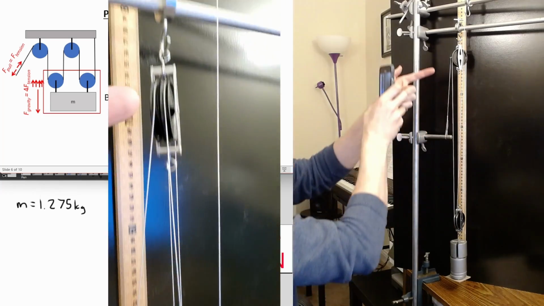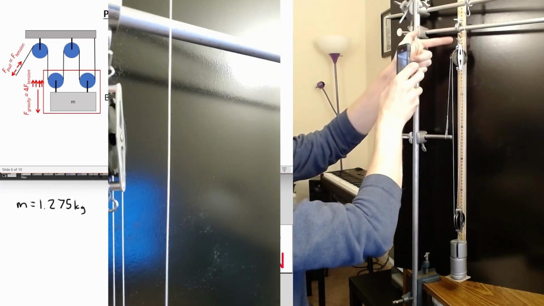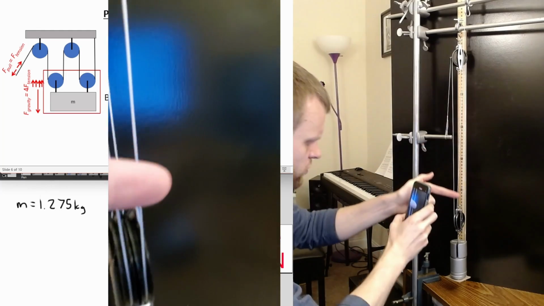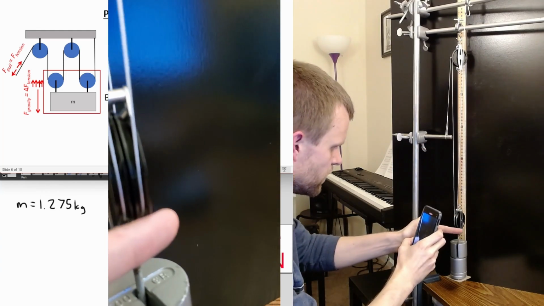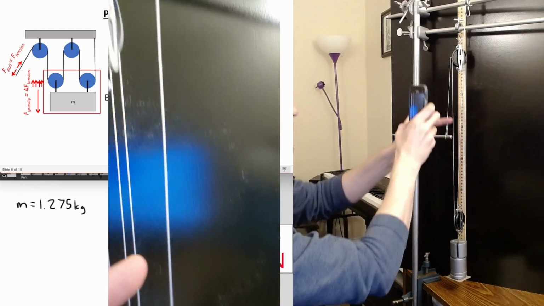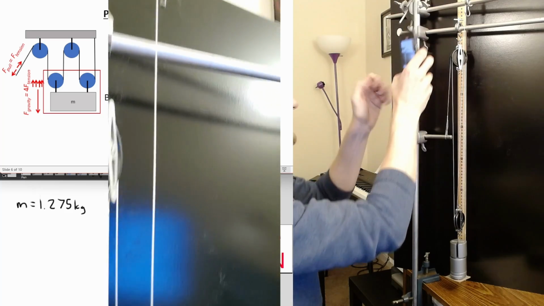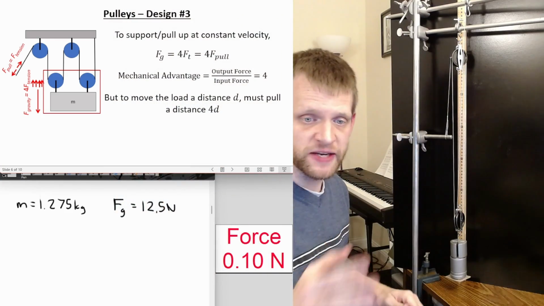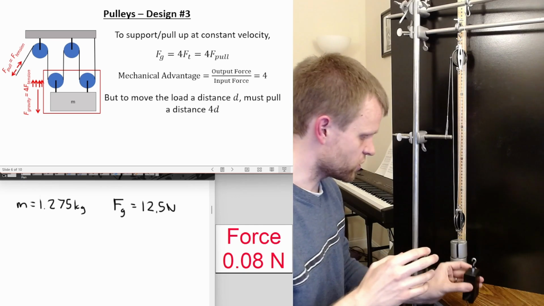That string goes back up, and now it's wrapping around the front pulley on this side. String goes back down, wraps around the other side of that pulley, and goes back up and is fixed in place up there. Okay. So this is the same pulley design, and let's check what the performance is.